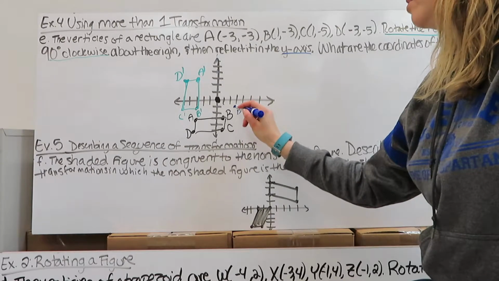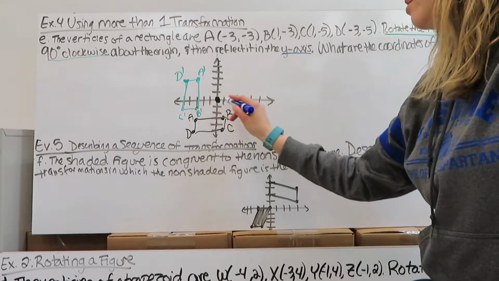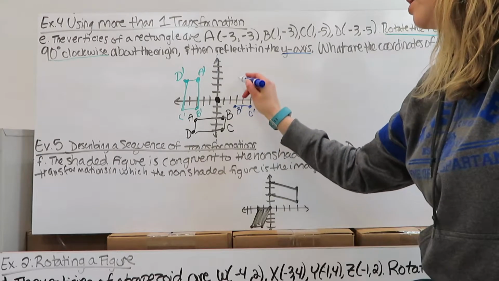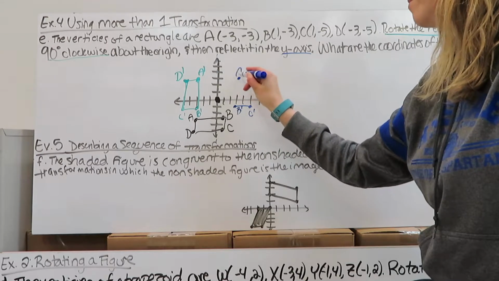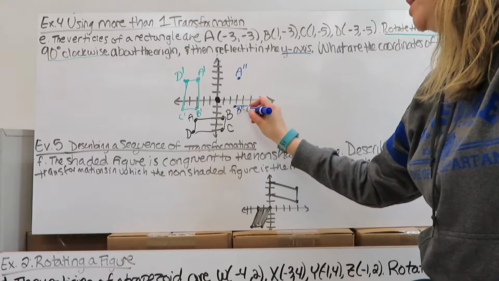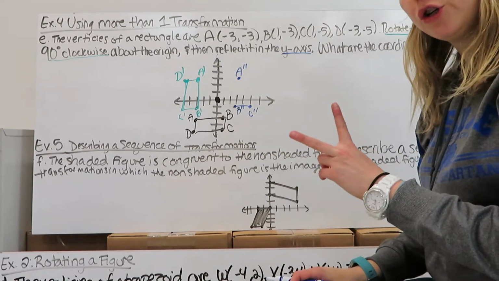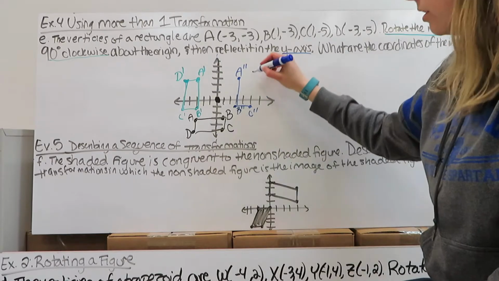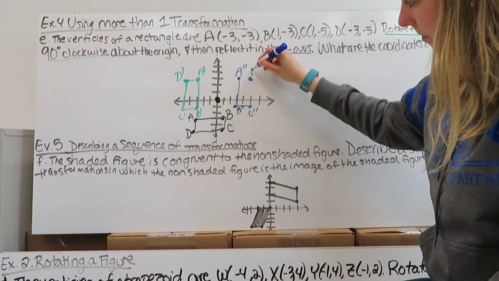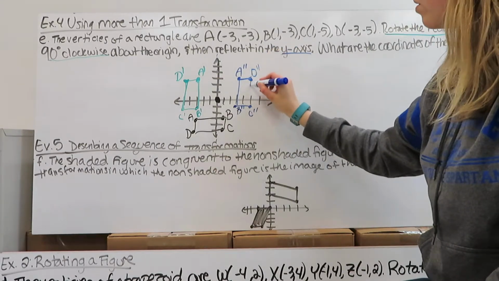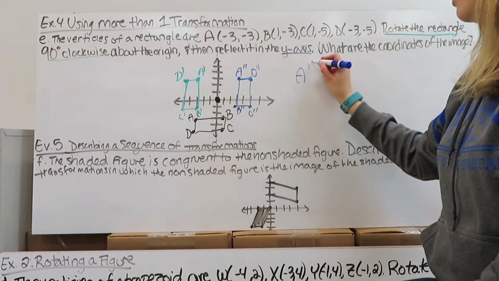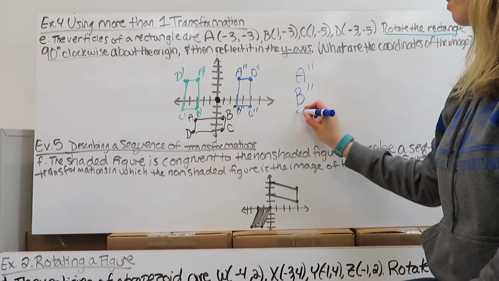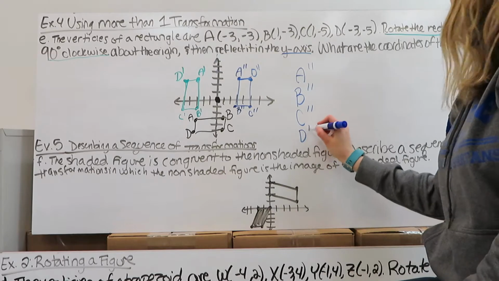Then A prime is going to be 3 to the right and 3 up. And I'm sorry, these should be double prime because we've done 2 different transformations to it. And last but not least, we have D double prime. So A double prime, B double prime, C double prime, D double prime.